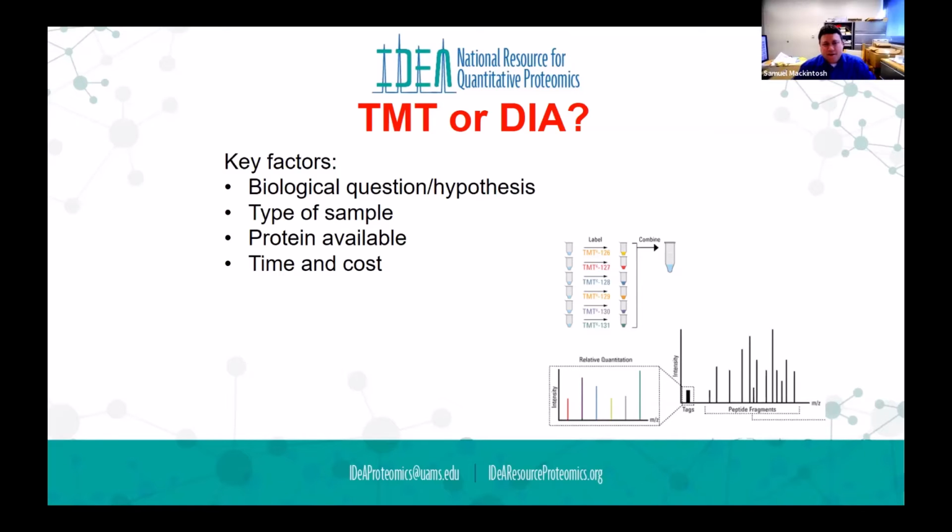Yeah, that sounds like something we could definitely design an experiment around. There are a couple of different ways you can approach that. One would be a global phosphoproteomics experiment, which we would use the tandem mass tag platform for.